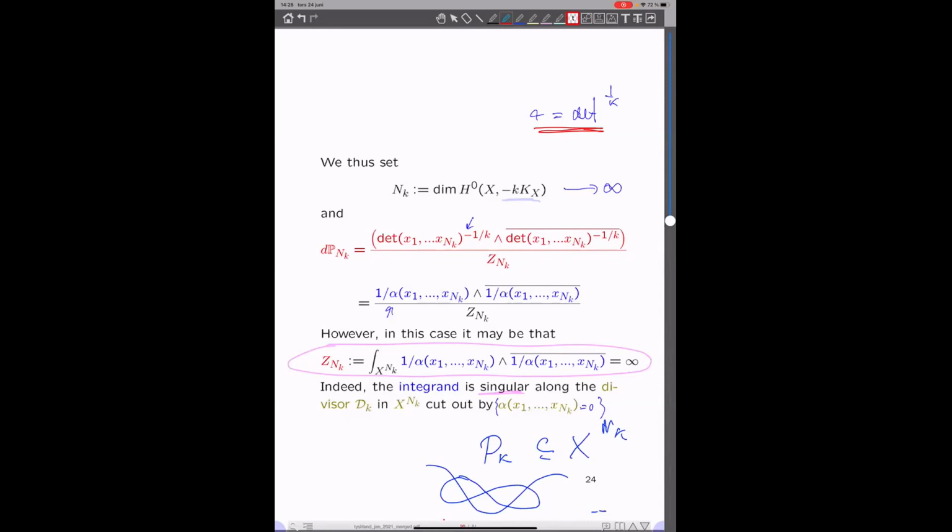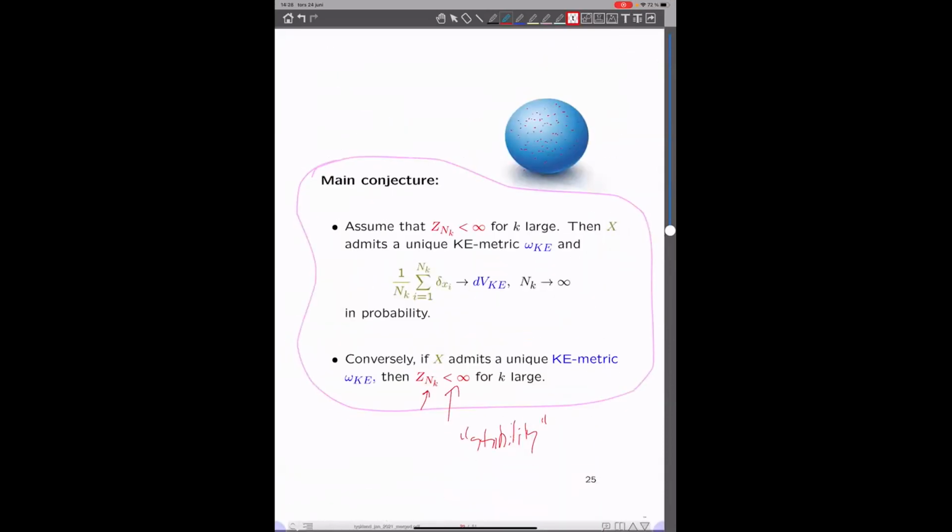Okay. That seems bad, but it's actually something we can turn to our advantage, because we are expecting some obstructions to constructing Kähler-Einstein metrics. Maybe this is actually equivalent to the obstructions known from the Yau-Tian-Donaldson conjecture.